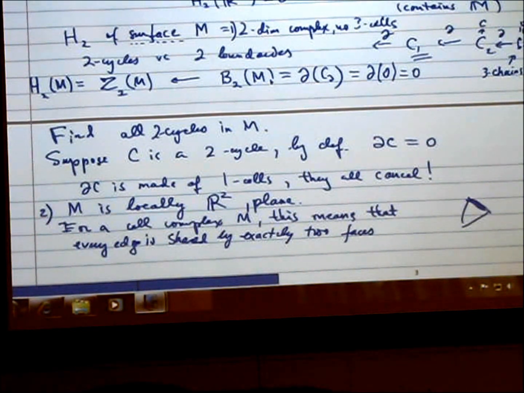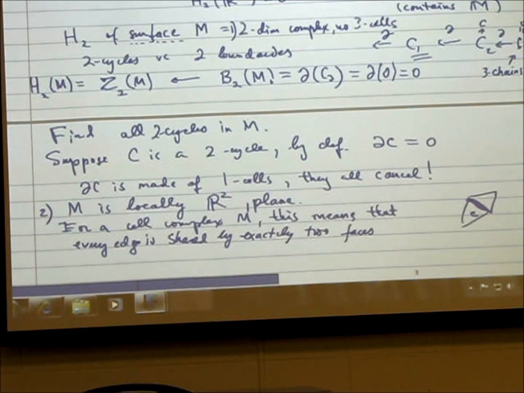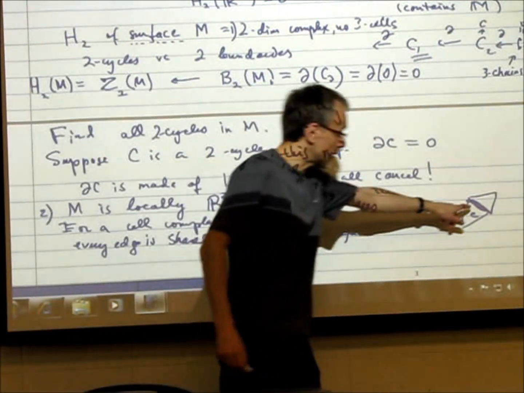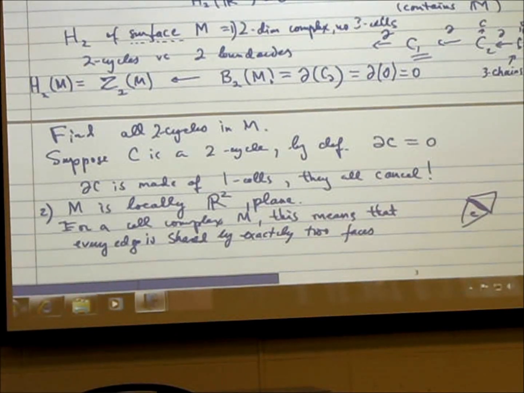If this is our edge, these are the 2 faces, and there are no more. It cannot be 1 because that would create a boundary. It cannot be 3 or higher because that would not be R2 anymore. This is R2. I can pick any point here and it will still be homeomorphic to R2.